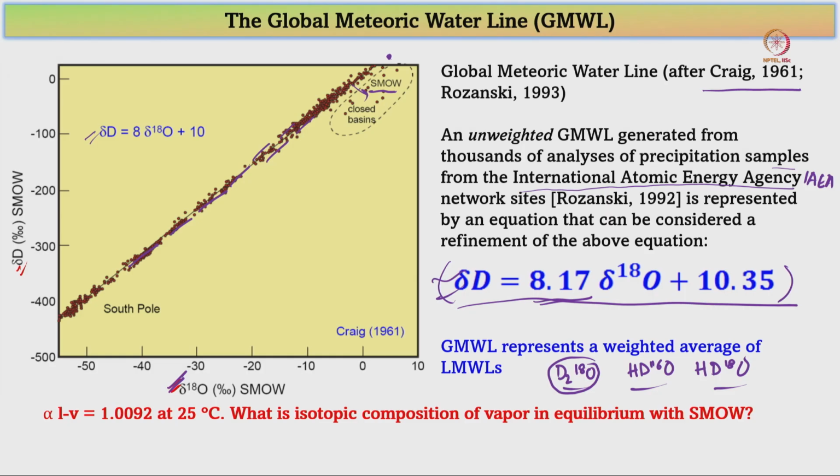And also for the other closed basins, for instance the Dead Sea and the Caspian Sea. These are again huge water masses, basically seas, huge closed basins, with a lot of arid temperatures and a lot of arid environment.